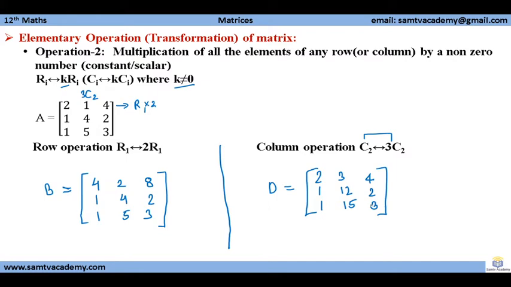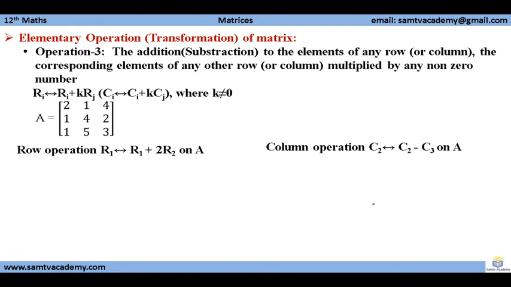This is the second operation. Now we will see the third operation. What is the third operation? This operation says that we can add or subtract, to the elements of any row or column, the corresponding elements of any other row or column multiplied by any non-zero number.